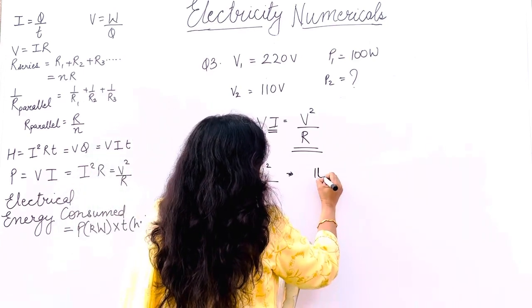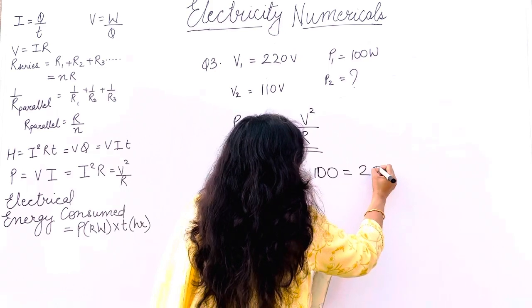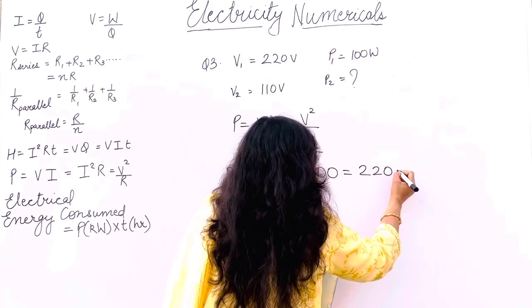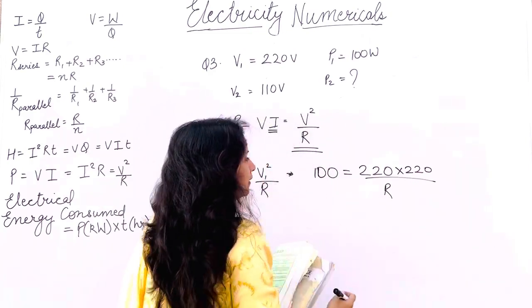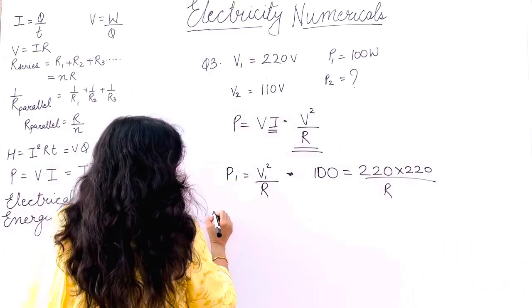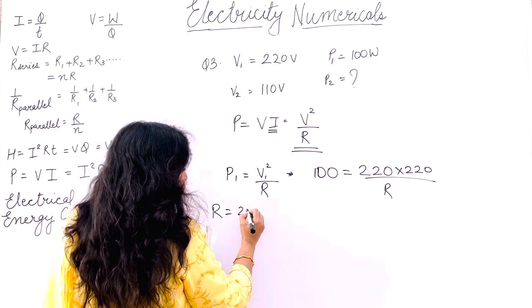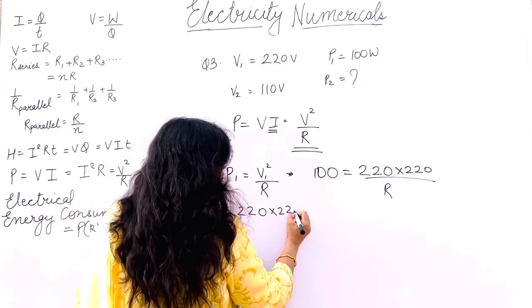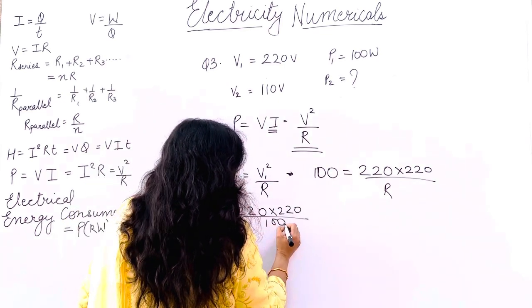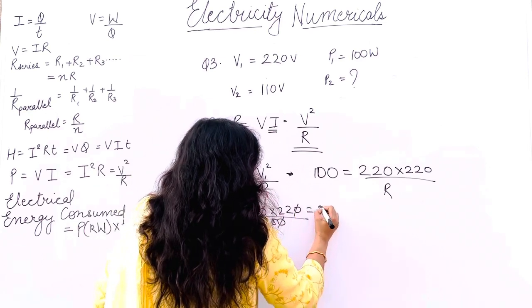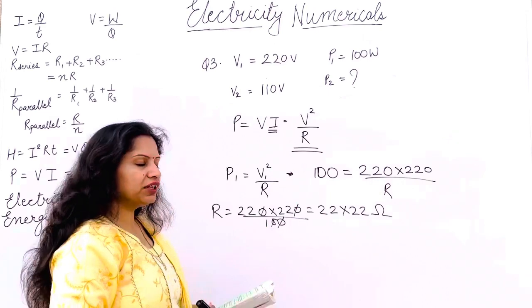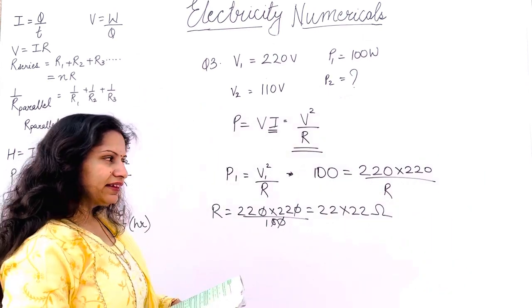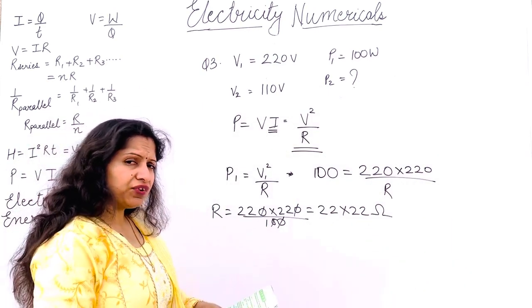It's 100 watt is equal to the square of 220 upon R. So by this we can calculate the value of R, and R comes out to be 220 into 220 upon 100. 0 gets cancelled out, so it's 22 into 22 ohm. No need to find out the answer. Just leave it like that only. That will make your calculations very easy.